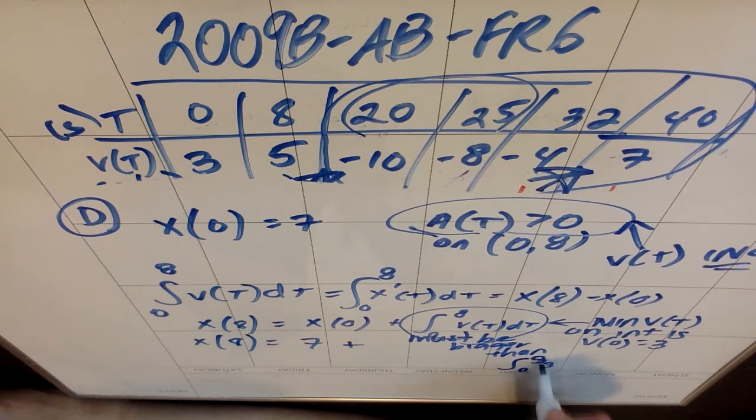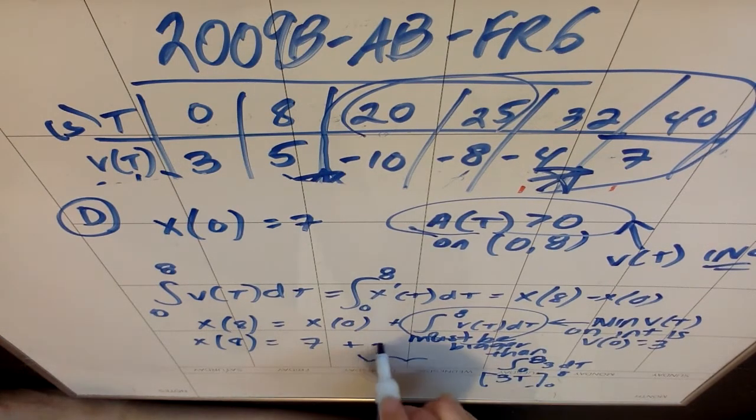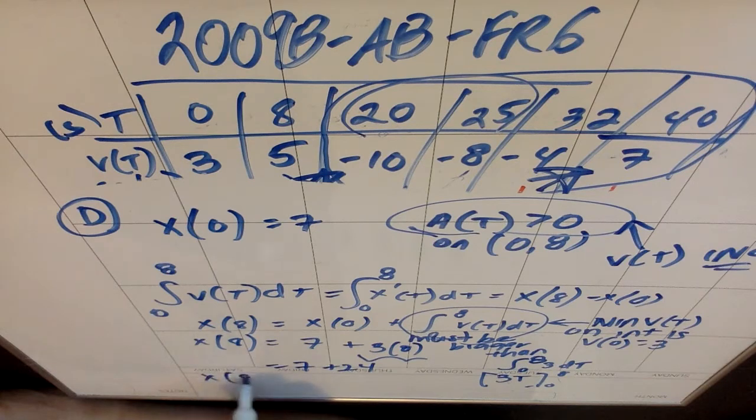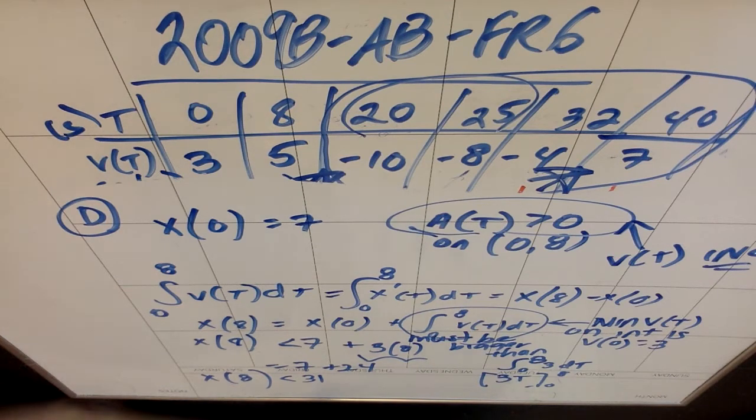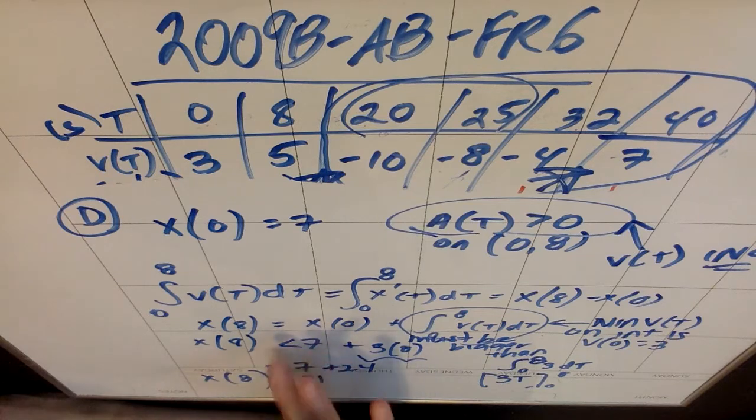Well, if v was a constant 3, then essentially this integral is 3t evaluated from 0 to 8, meaning this is 3 times 8, that's 24, plus 7, meaning x of 8 would be 7 plus 24, which is 31. I said less than, but I take it back.